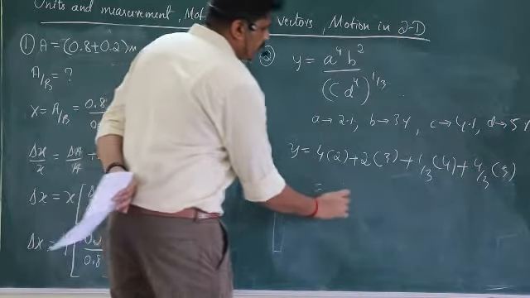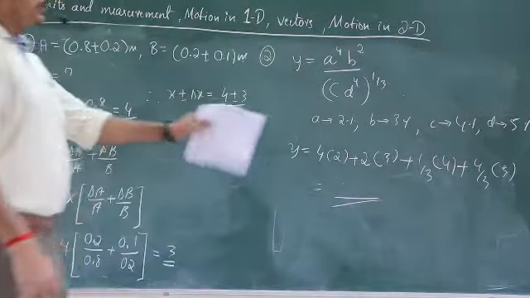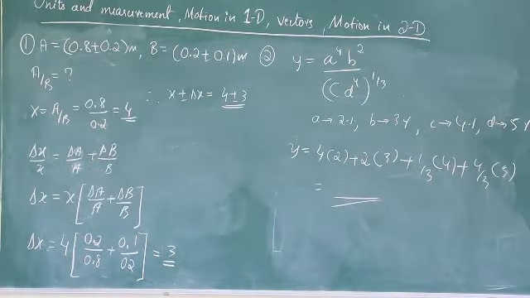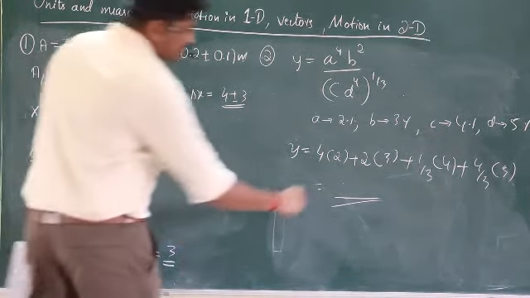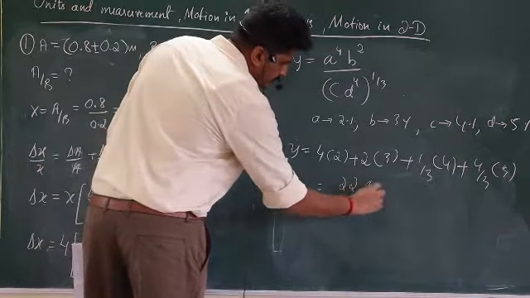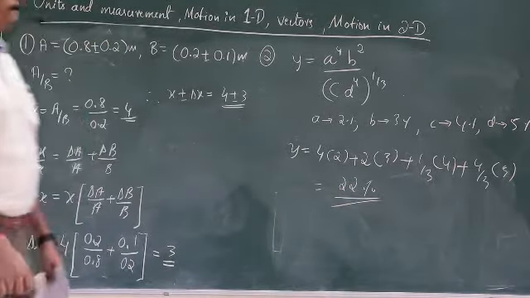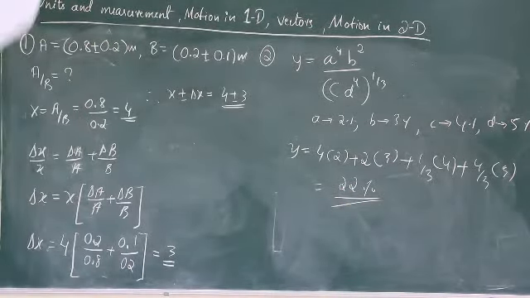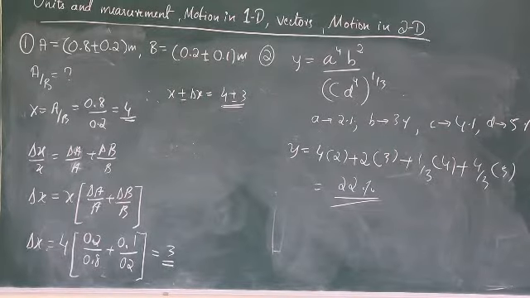So finally, what is the answer? You have to calculate that. Once you calculate, your answer will be 22%. Simple calculation, 22%. Check the answer. So option is D. So let us go for the next question.